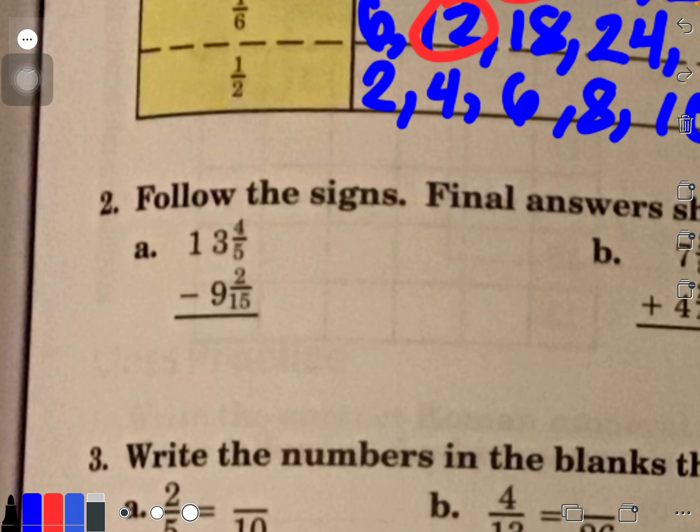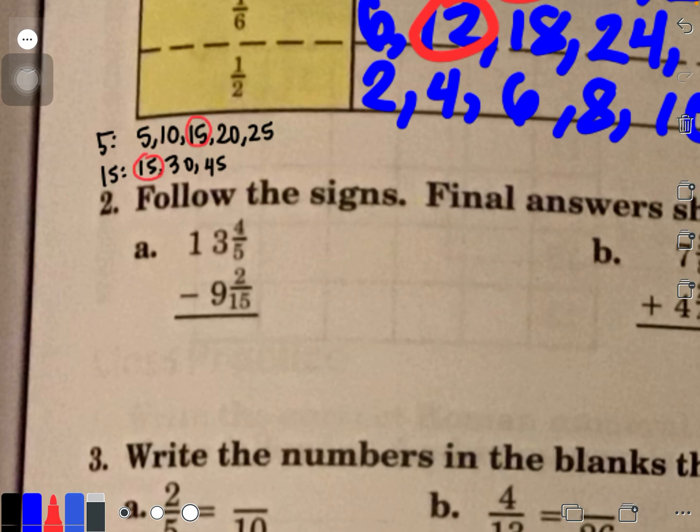So for the 5, I'll write it up here, like 5, 10, 15, 20, 25. For 15, the multiples of 15 could be 15, 30, 45, but I already noticed that the first number they have in common is 15.